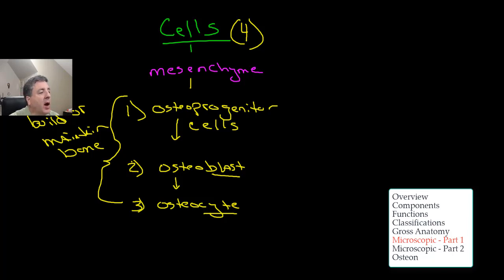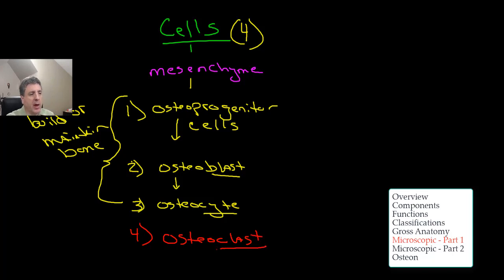Now we have 3 different cell types, but as you notice, there's supposed to be 4. Let me put this one in a different color because the 4th cell type doesn't originate from the osteoprogenitor cells, an osteoblast, or an osteocyte. The 4th one is going to be called an osteoclast. Clast, C-L-A-S-T.